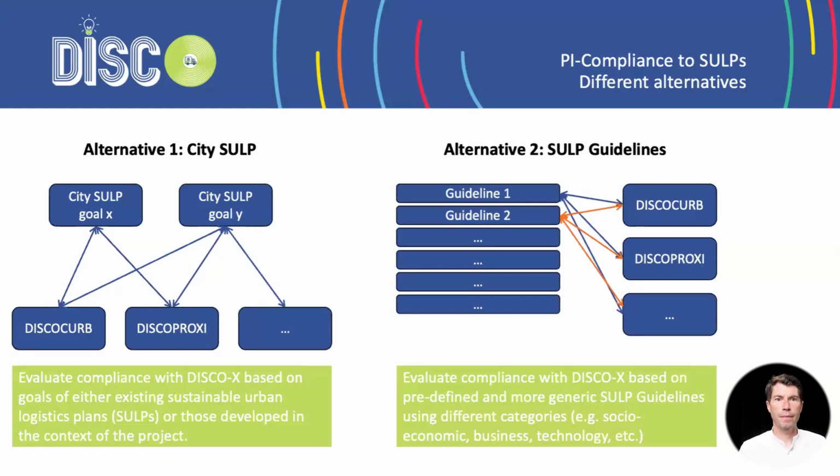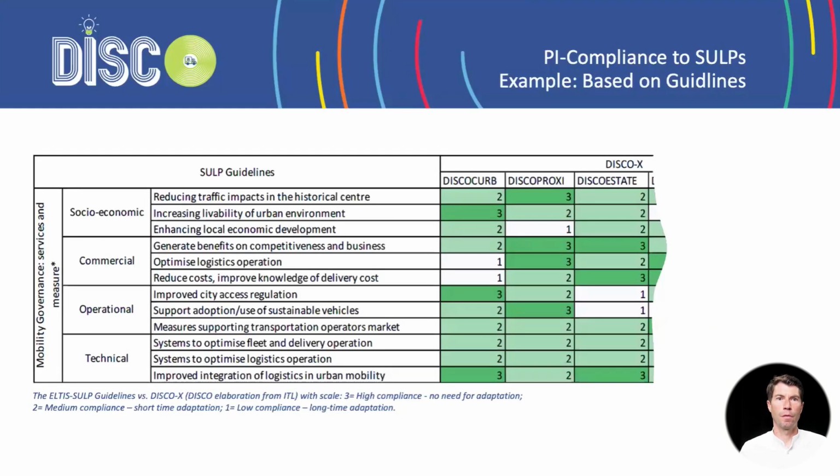In the first case, the existing objectives from the SULP can be used and the measures of a living lab can be compared with regard to their compliance. In the second case, a compliance check can be carried out with the help of already formulated guidelines, and I will show you how this works. For this purpose, we utilize the SULP guidelines from ELTIS, which is the European Local Transport Information Service.